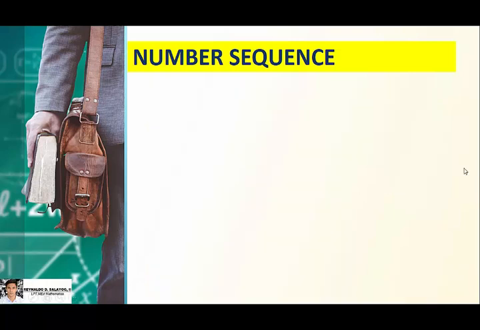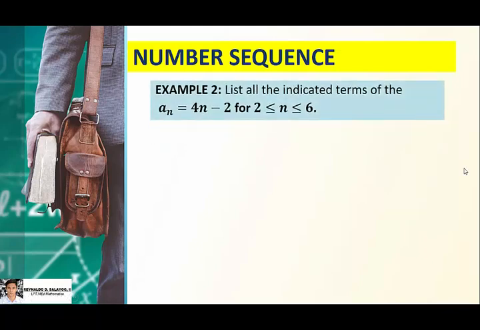Okay, so let's move on to the second example under number sequence. In this example, we are tasked to identify all the indicated terms for the general rule a sub n equals 4n minus 2, following the condition that the value of n should be less than or equal to 6 but greater than or equal to 2.